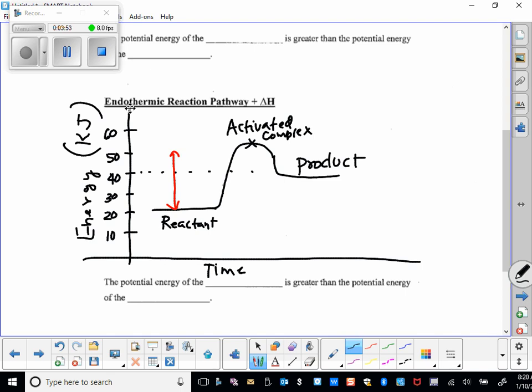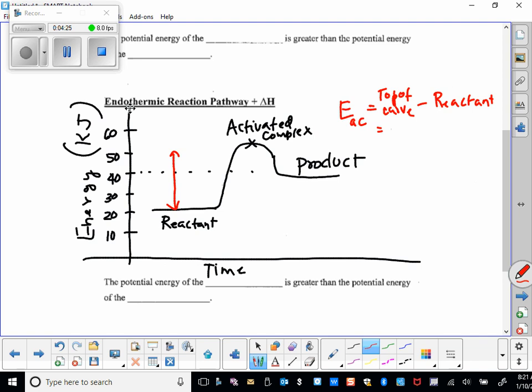Now, what is the energy of activation? For this reaction, if I ask you to calculate the energy of activation using this graph, how will you calculate? Activation energy is always what minus what? Top of the curve minus reactant. So what is the top of my curve value or the activated complex value?